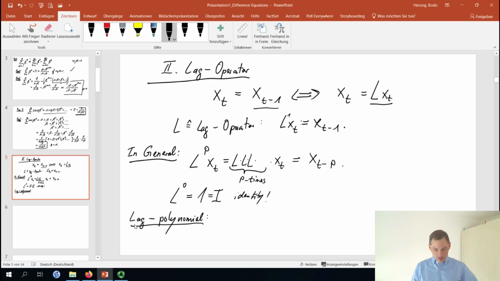In the lag polynomial, usually we use this symbol phi of L, which is basically the first lag operator, L to the 0, which is the identity element.